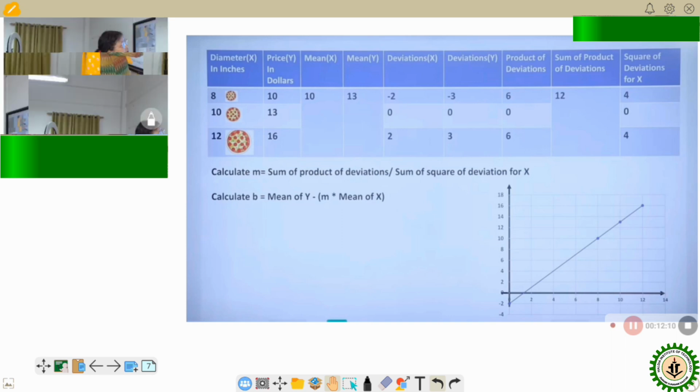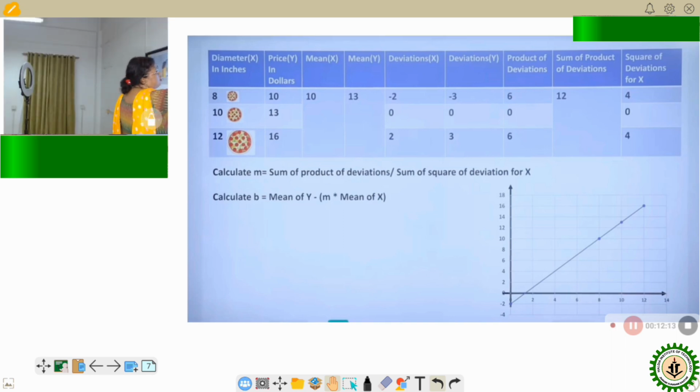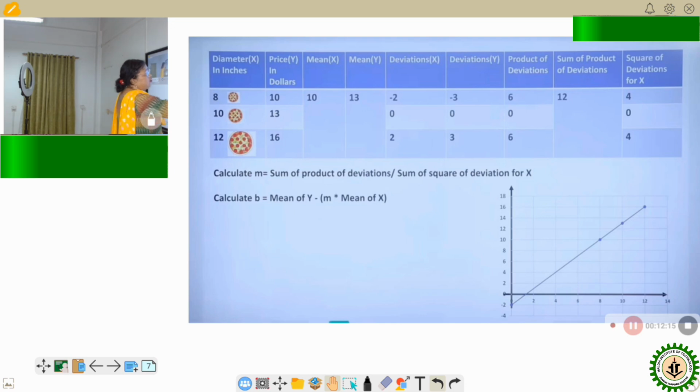The sum of product of deviation is equal to 12, and the sum of square of deviation for x is 4 plus 0 plus 4, which is 8. 12 divided by 8 means 1.5.